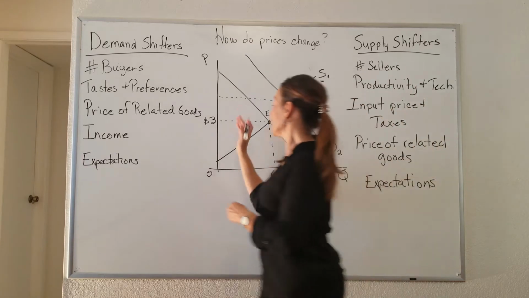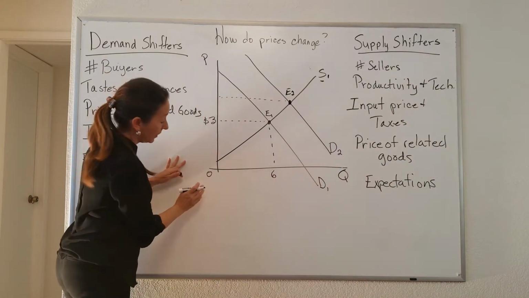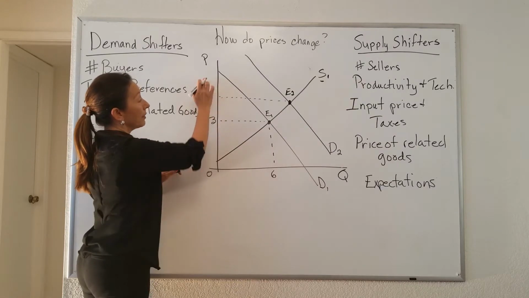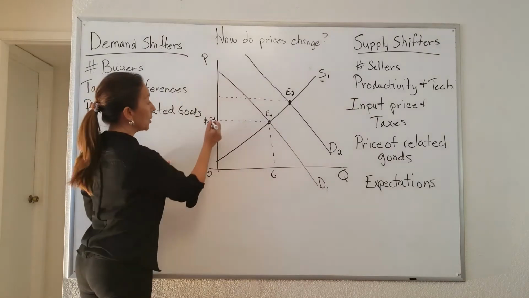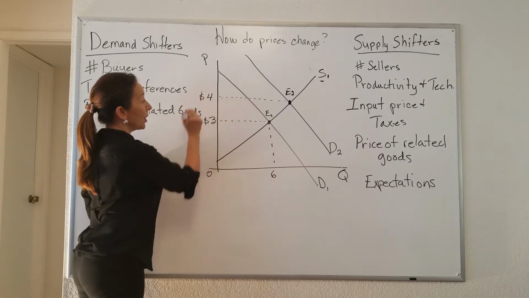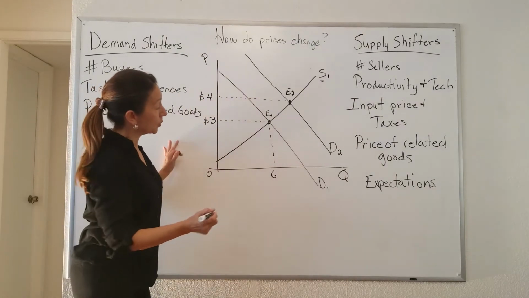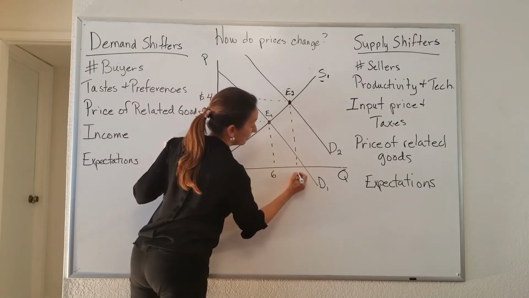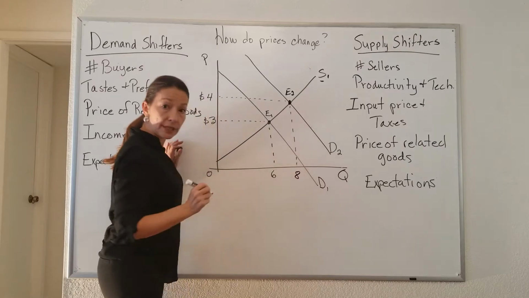We know they've gone up because along the graph, where we start at 0 at the origin, as we go up, the numbers get greater. So let's say that this price is now $4. The new equilibrium quantity might be 8 units.